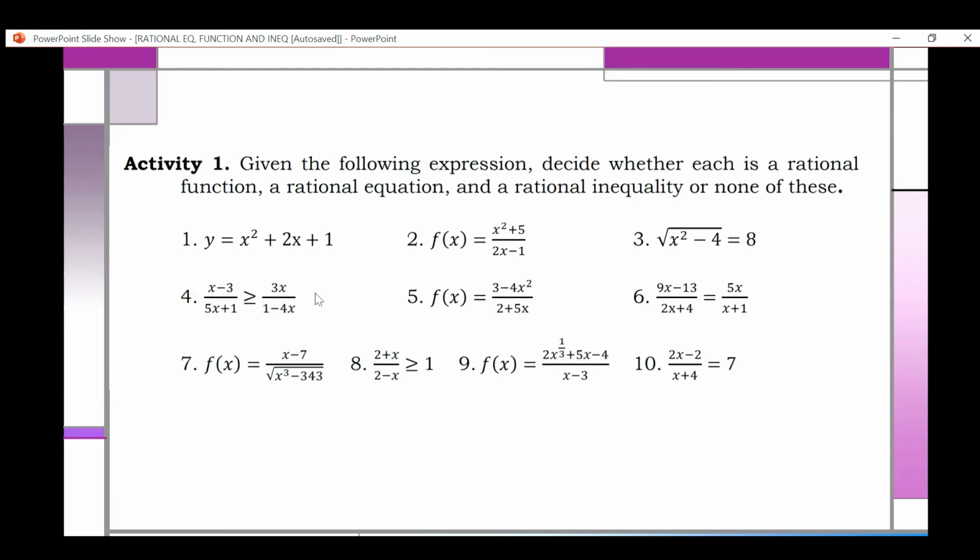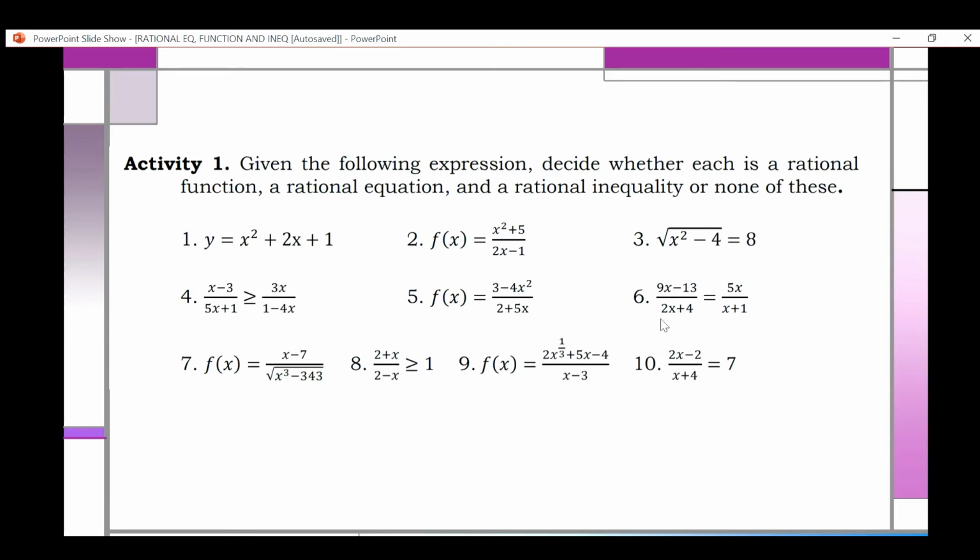So this is a rational inequality. Okay? For number 5, we have here a rational expression and the notation for function, which is f of x. So number 5 is a rational function. Okay? Did you get it?